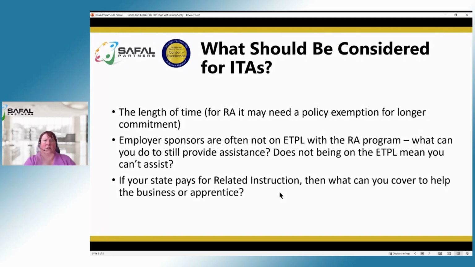You can't just throw it at them and say go do this. You have to give them help. And the final thing here is if your state actually pays for related instruction, then you can still cover assistance to the business with an OJT contract or to the apprentice with some of the supportive services.